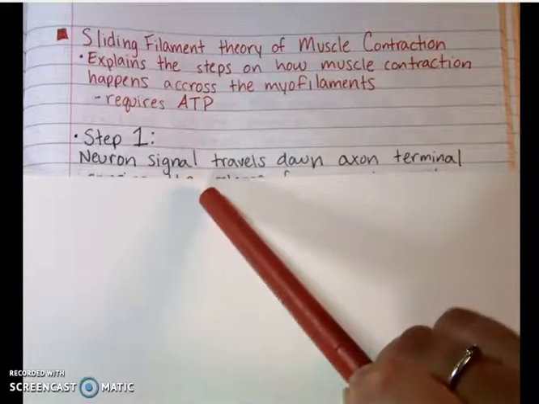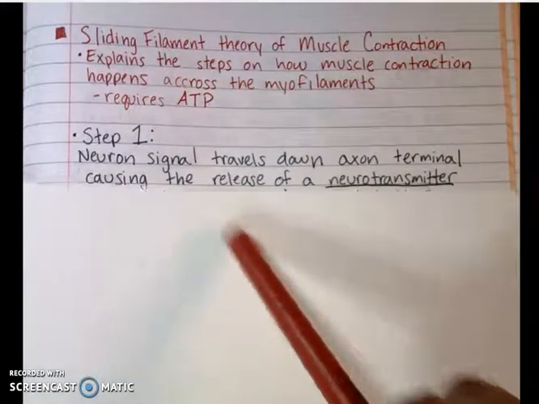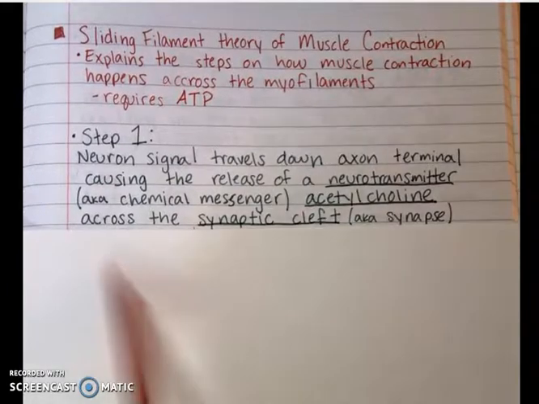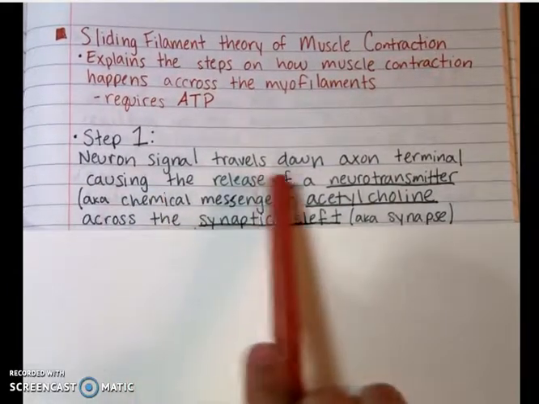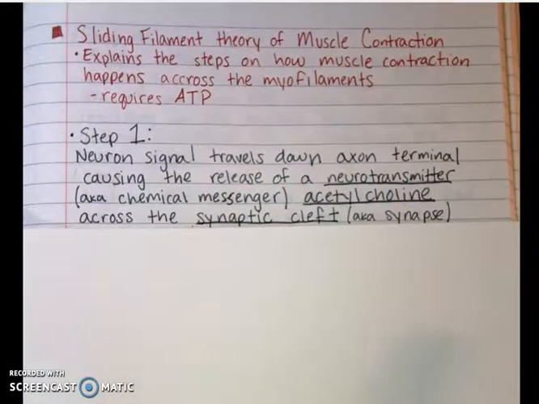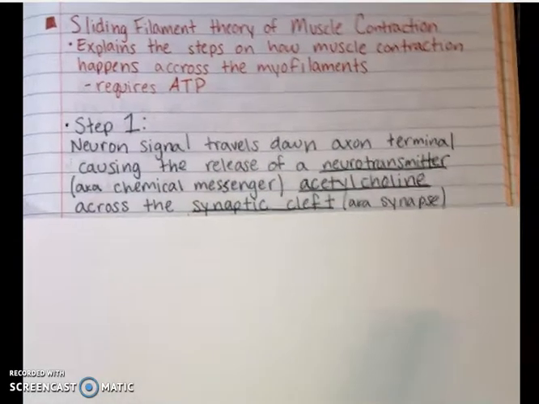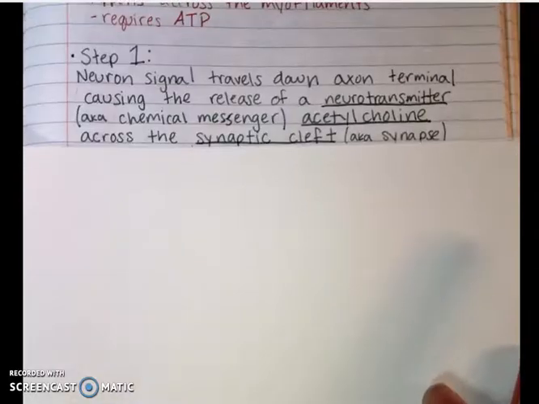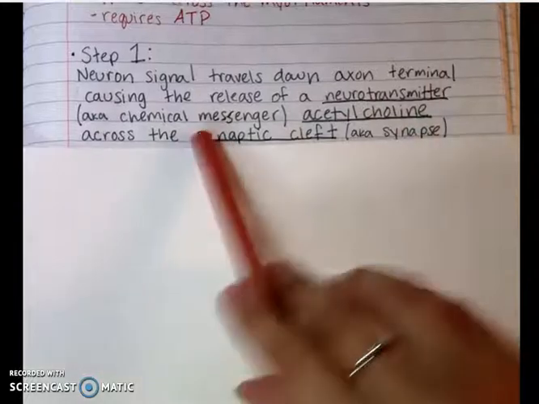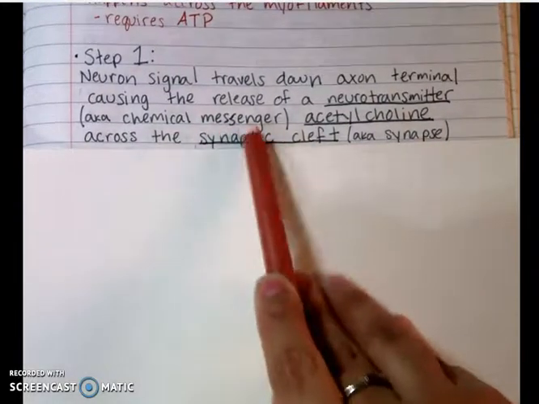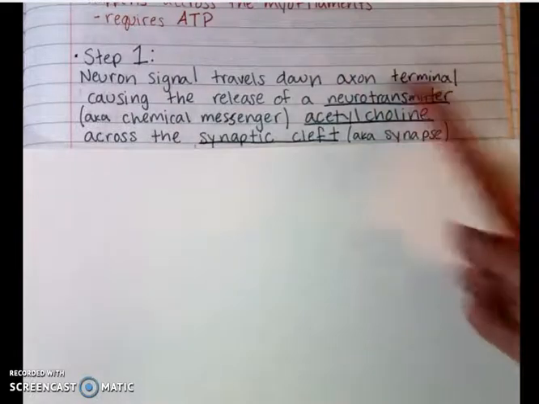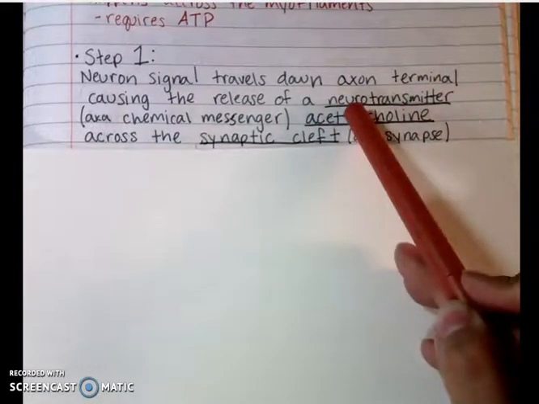So step one is you are going to have to get a signal. That signal is going to come from a nerve, travel down the nerve, and be passed on to the actual muscle fiber. That's going to happen by the use of a chemical messenger, a neurotransmitter, so it's a message from a neuron.